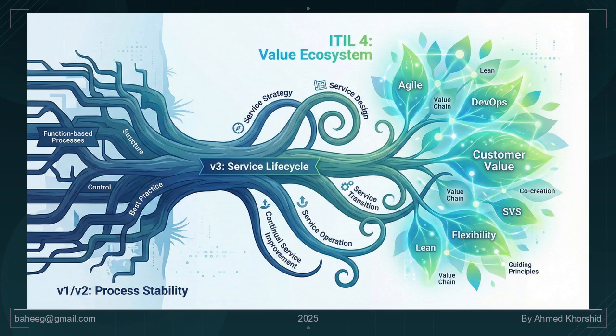At the top, the canopy blossoms into ITIL 4, value ecosystem, with interconnected leaves labeled agile, DevOps, customer value, SVS, and flexibility. The style should be a clean, modern infographic with a slight organic, growing feel, using a cohesive color palette that progresses from dark blues at the roots to vibrant greens at the canopy.